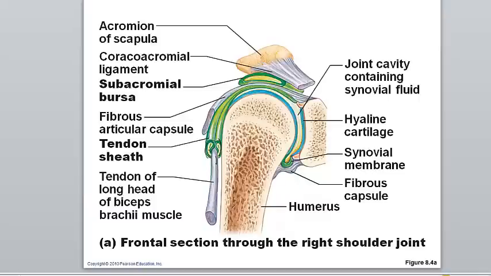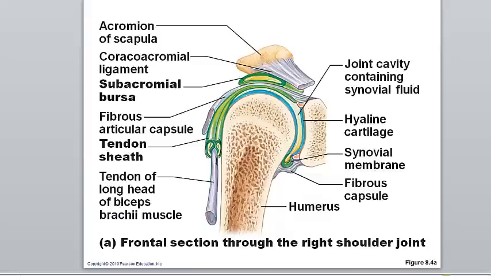So the tendon sheath is the bun and it covers the tendon that comes out of that joint. Again, it reduces the friction between the two tendons. The tendon sheath is also made of synovial membrane, which contains synovial fluid in it. So these are the extra structures that reinforce the joint and make sure that you do not produce friction.